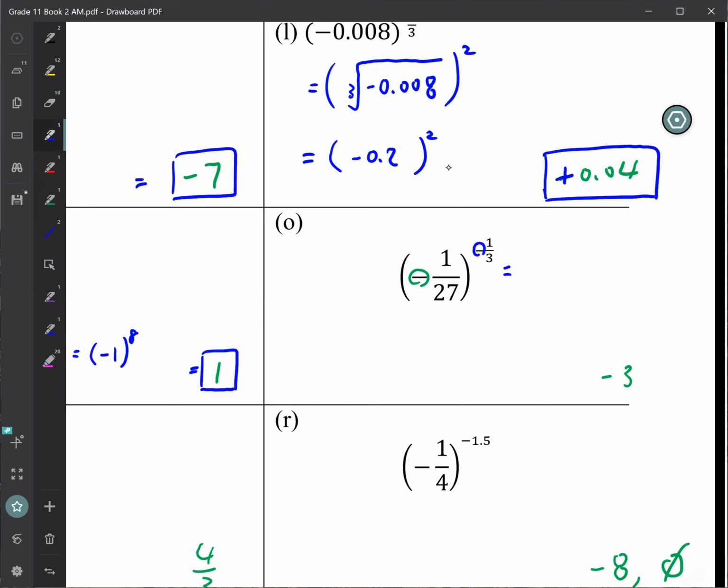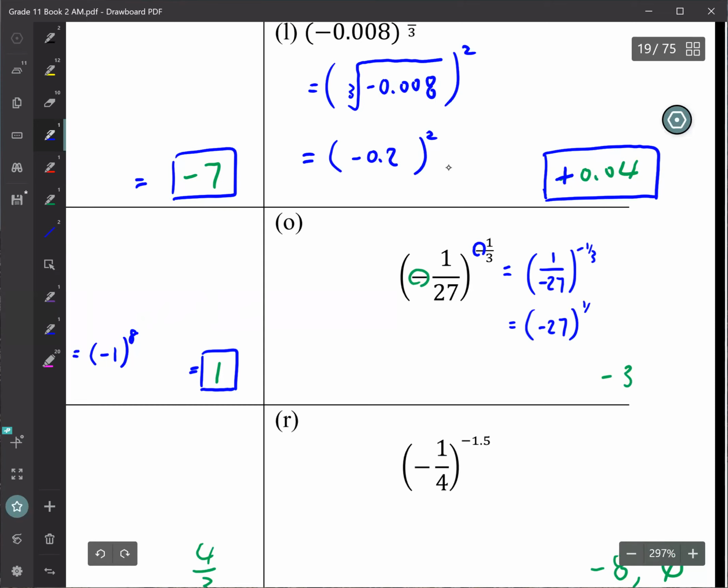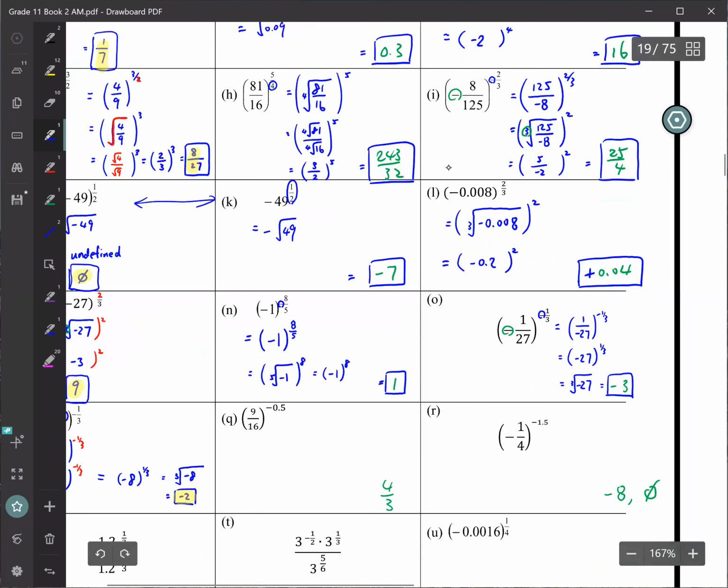So I'm going to bring it down and then flip it, right? So it becomes +1/3, and then that's a cube root. Odd number on the index, it's okay to have negative, right? So the answer is -3. That's correct.